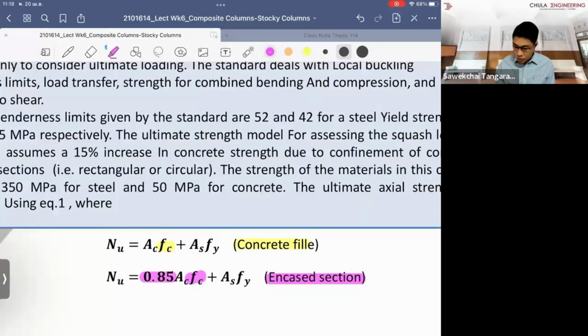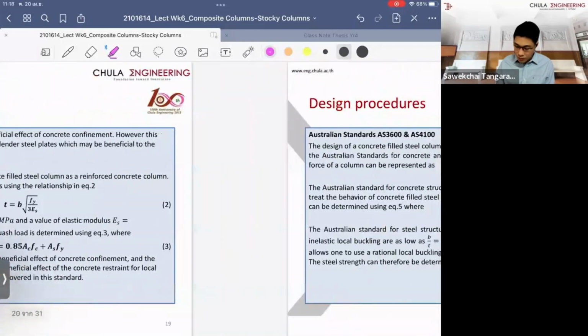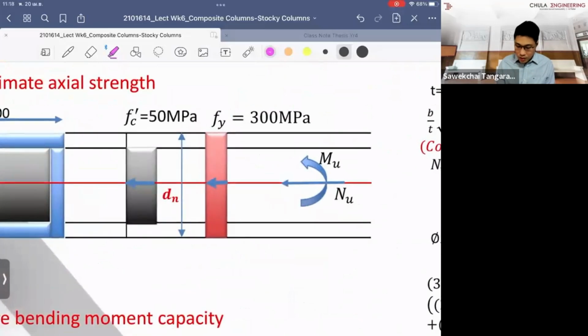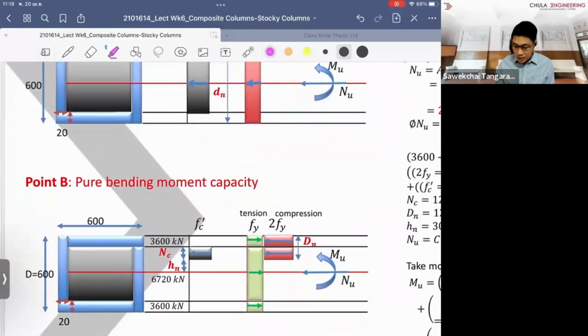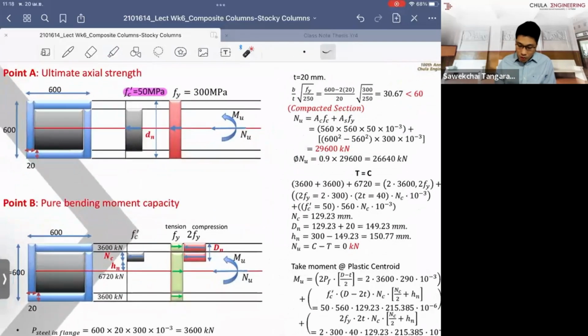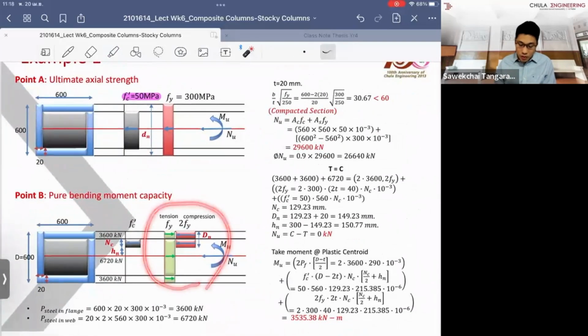So you might notice in the example that the only difference between the infill and the encased is this. In the infills, they use the compressive stress up to the maximum, which is 50 MPa. We also suggest you use the equivalent rectangular diagrams to make the calculation much easier.